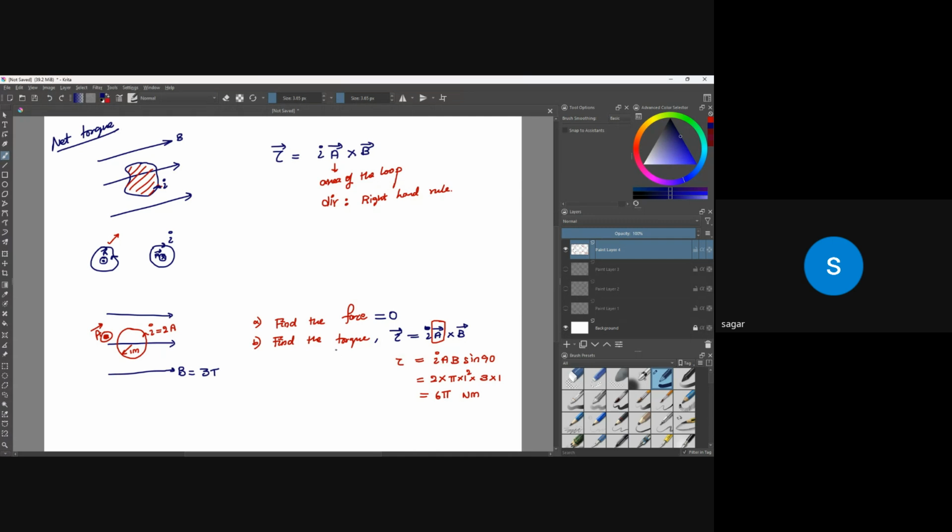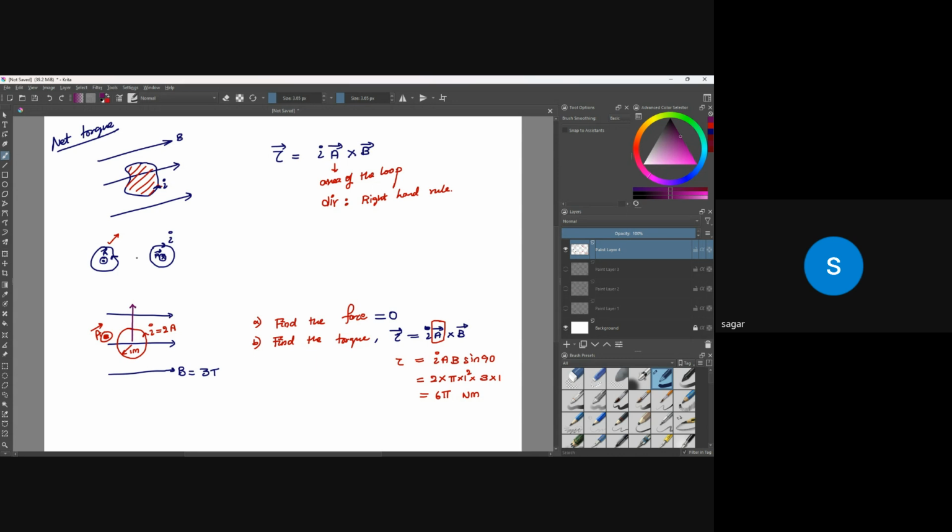Direction of torque, if you look at A bar cross B bar, you have A bar coming out of the plane and B bar going towards right. So if you use right hand rule, you'll end up getting the direction to be upwards. Now unless you practice it, unless you do it on your own, it's going to be difficult for you. Find out A bar cross B bar.